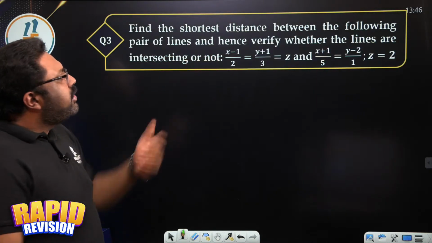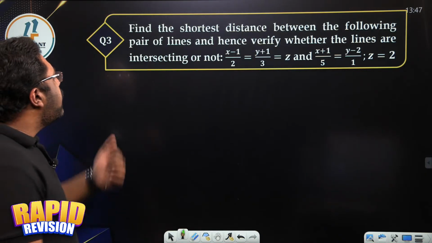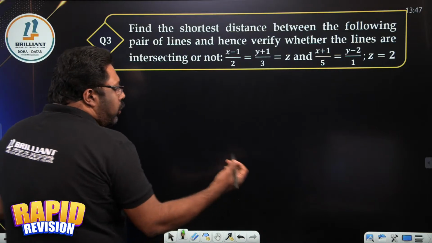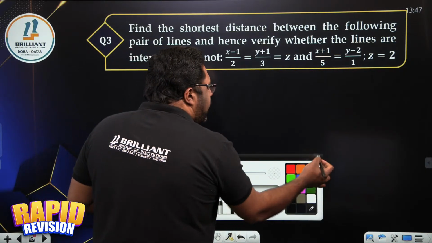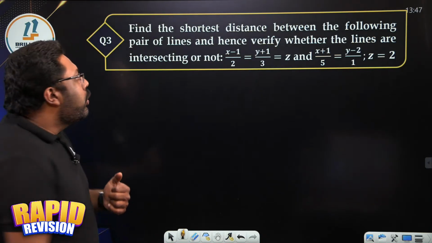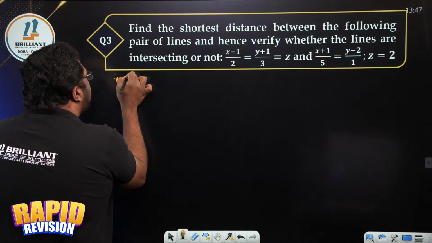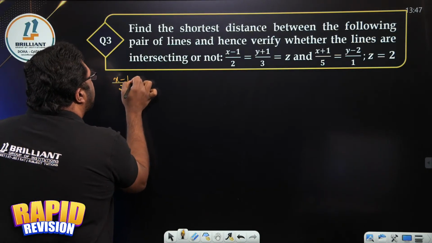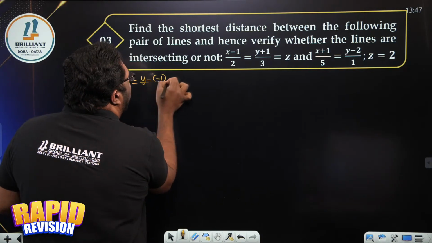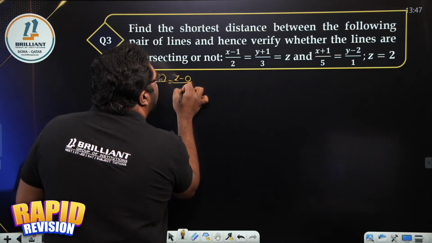Find the shortest distance between the two lines and hence verify whether the lines are intersecting or not. So here, I'm not planning on doing this question much because, like I said, for shortest distance I prefer the vector form. Here my equation is in the Cartesian form: x minus 1 by 2 equal to y minus 1 by 3 equal to z minus 0 by 1.